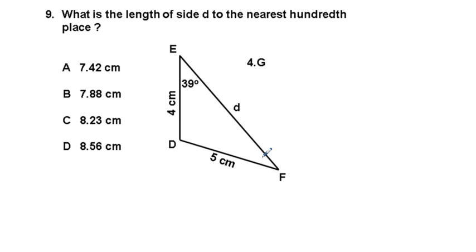Well, we can find angle F. So sine of angle F is to the side length F, which is 4, as sine of 39 degrees is opposite 5.